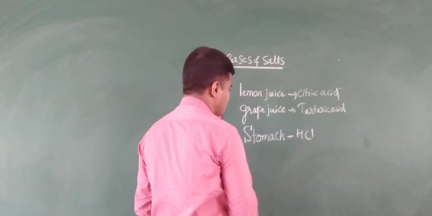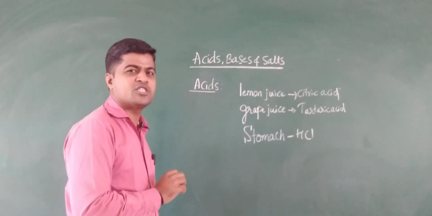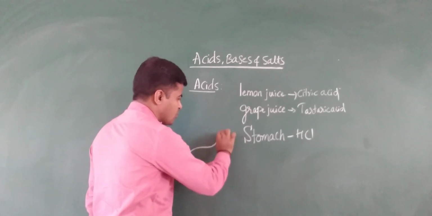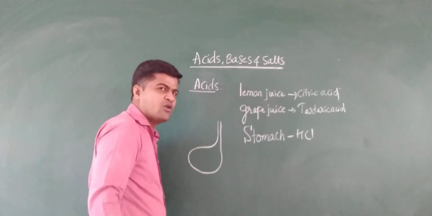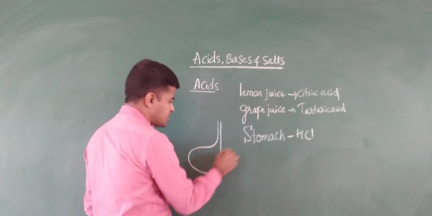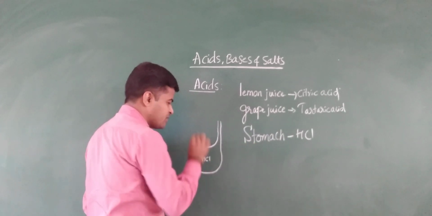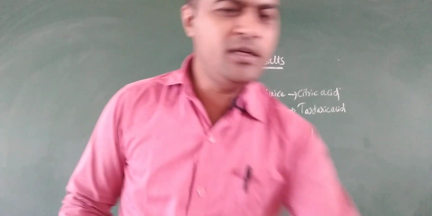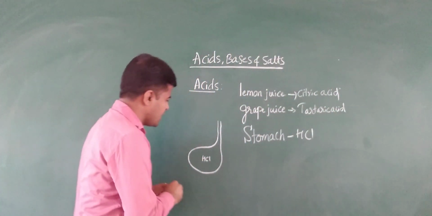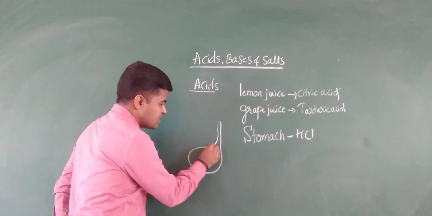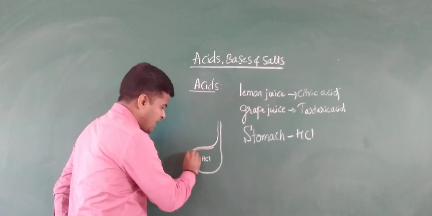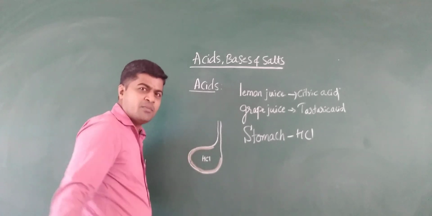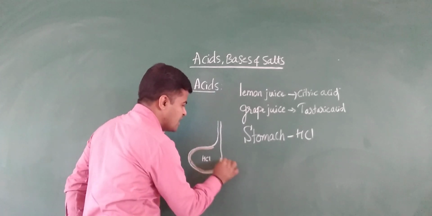See, HCl, as I told you, is the acid which is present in the stomach. You might have studied this in biology. HCl which is present in the stomach will not cause any damage to the stomach. The reason is that this HCl is enclosed inside the stomach, and here you can see what we call a mucus layer.